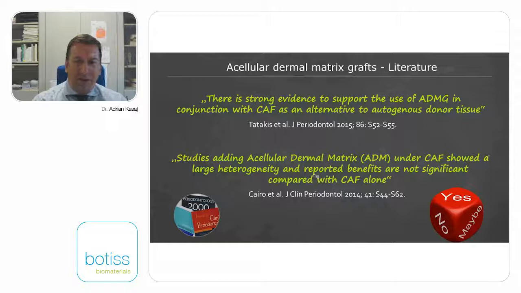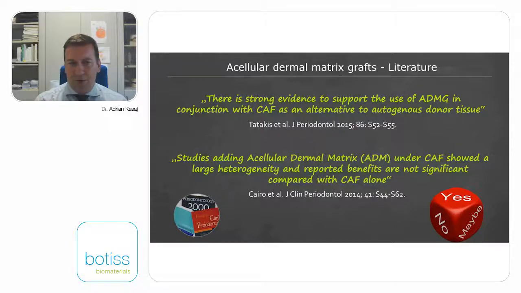Here we have the systematic review, which was published 1 year before based on the European periodontal workshop, and this systematic review concluded studies adding acellular dermal matrix under a coronally advanced flap showed a large heterogeneity, and reported benefits are not significant compared with the coronally advanced flap alone.